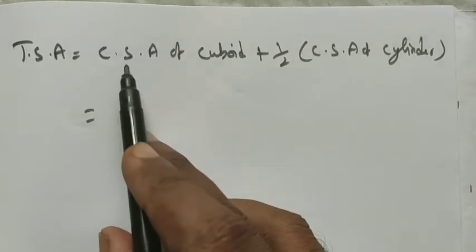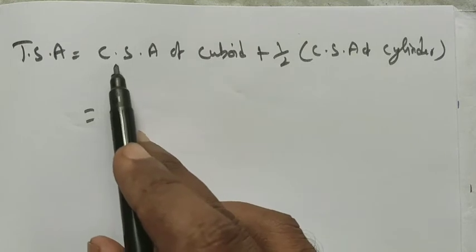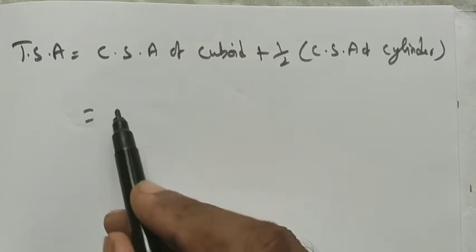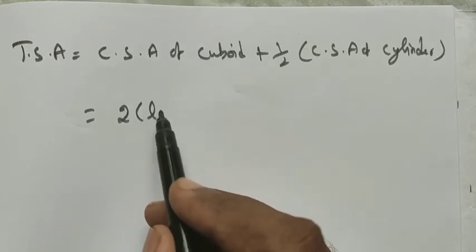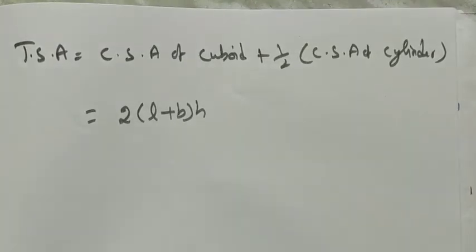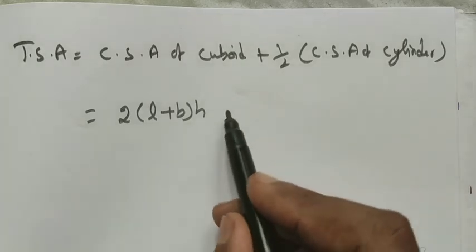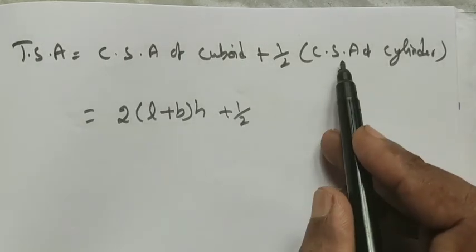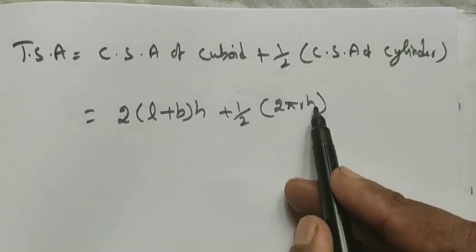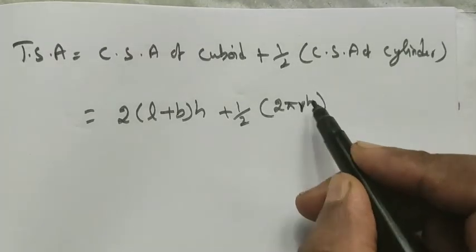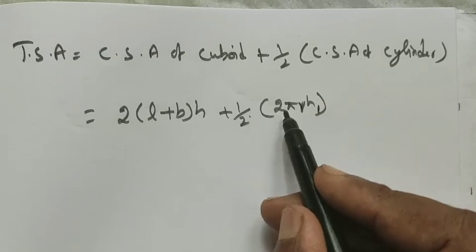The lateral surface area or curved surface area of the cuboid is 2 into L plus B into H, plus half into the curved surface area of the cylinder, 2 pi r h1. Here the 2 will be cancelled.